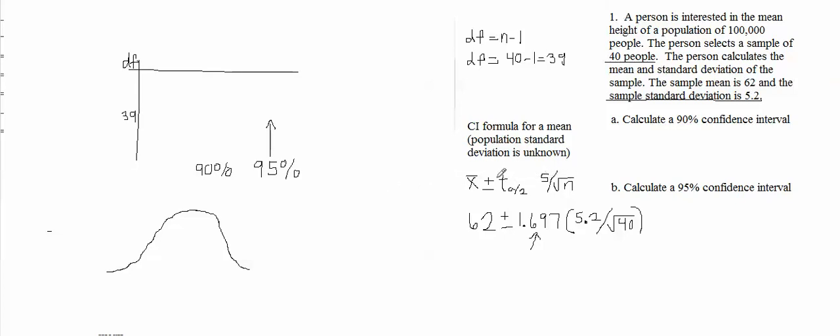So by substituting the z-score with the bigger t-score, you make the margin of error wider, which helps deal with that increased risk of the confidence interval no longer capturing the population mean.